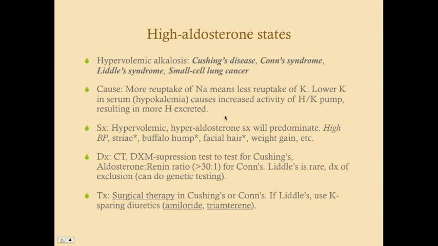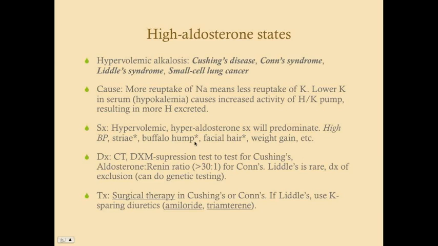Conn syndrome, because it's due to aldosterone, not cortisol, these patients aren't going to have the striae, buffalo hump, facial hair, weight gain. They're pretty much just going to have the high blood pressure. They may have weight gain due to edema, but they're definitely not going to have the striae, buffalo hump, or facial hair. That's due to the cortisol. So look for these symptoms in patients with high aldosterone states.